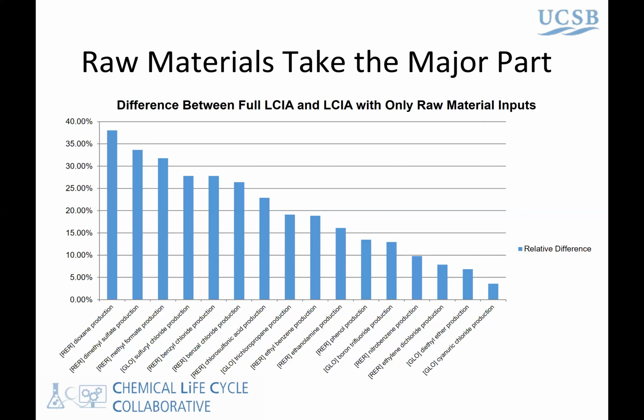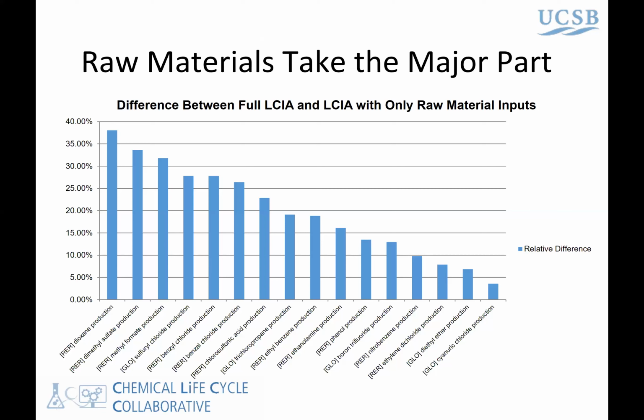So this means the full LCI is 35% higher than the partial LCI. But as you can see, for most of the chemicals in the case study, the difference is less than 30%, meaning if we only include the raw material in the LCI, the difference is about 30% or even less. So this indicates that we could focus our effort at this point on raw material first.